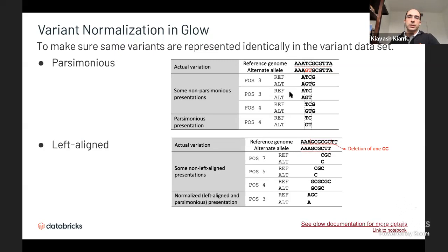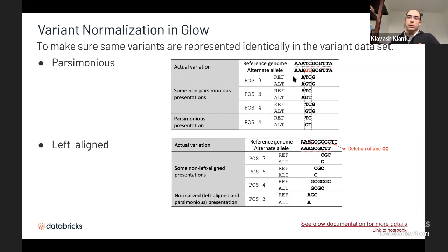Variant normalization is another thing that we support. This is also implemented as a function and as a transformer. Variant normalization, if you're familiar with it, just makes sure that your same variants are represented identically in your data set.